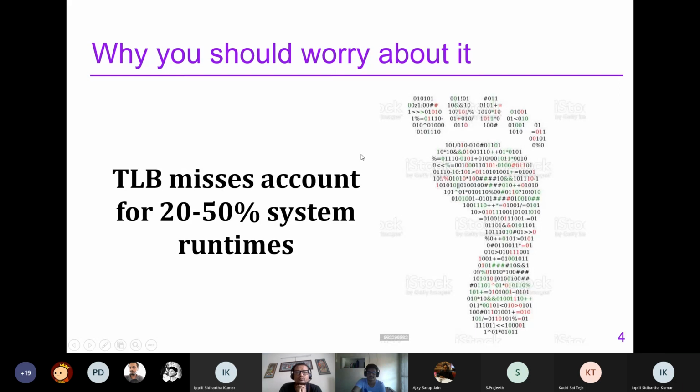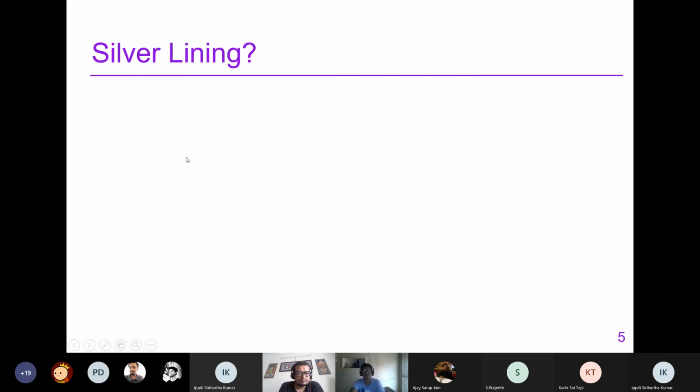The authors of the paper decided to cut down on the system runtimes because of this, so that the other parts of the system can be run more efficiently.